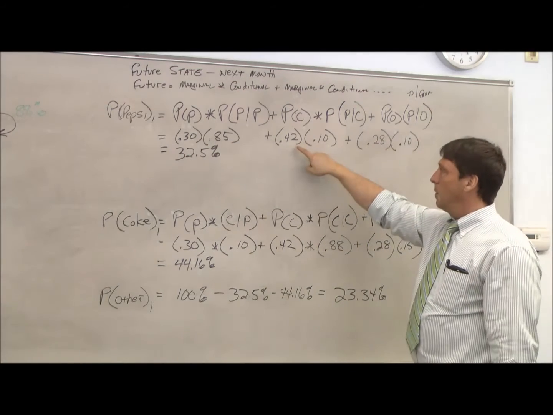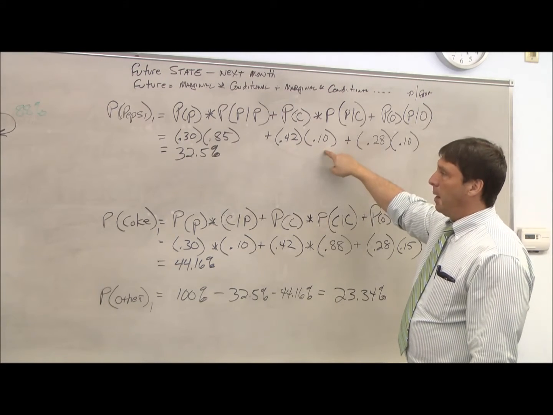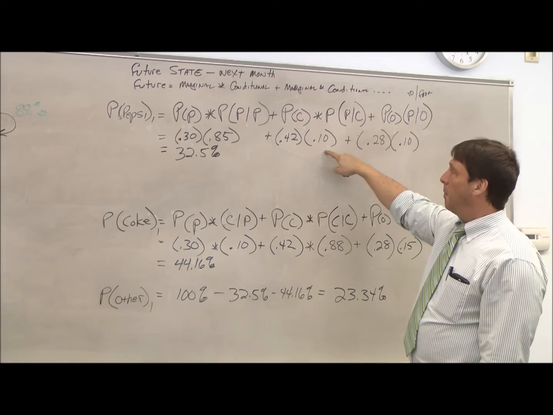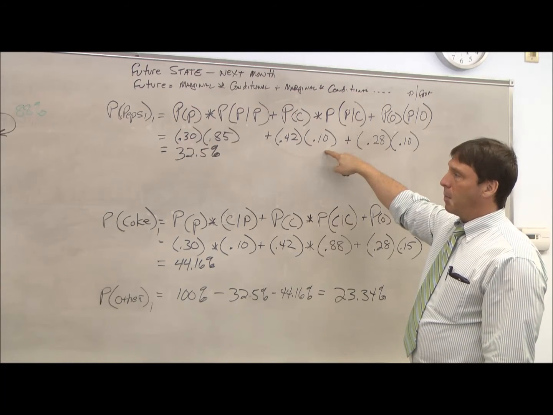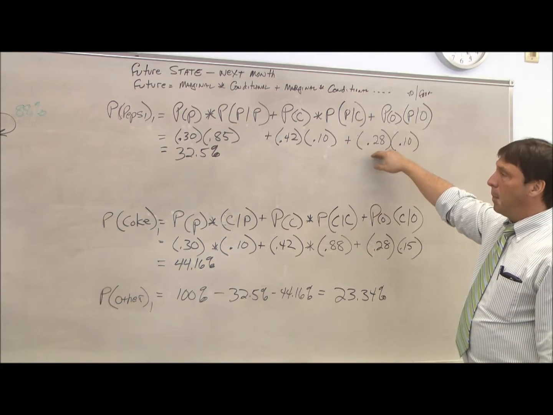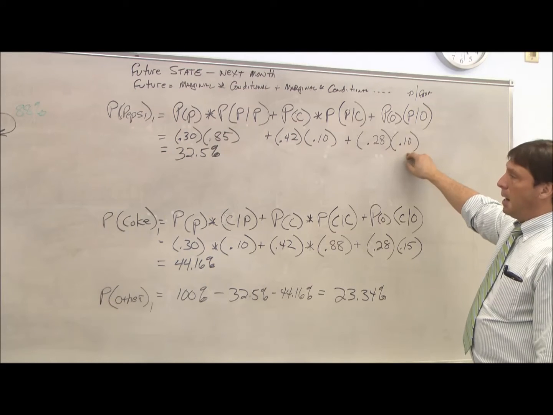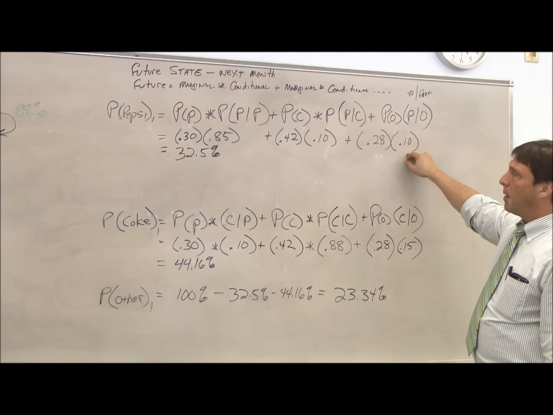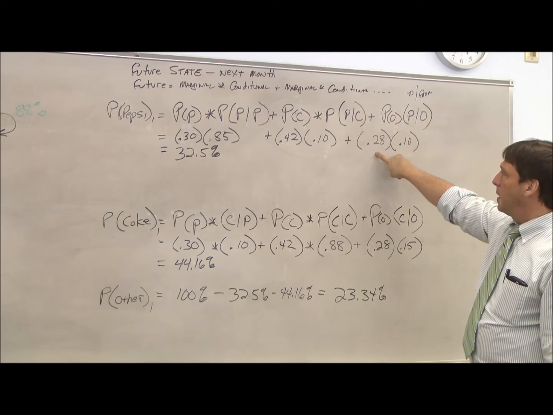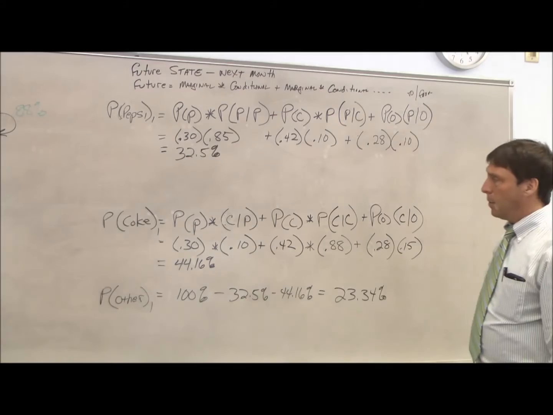We add that to Coke, which has 42% market share, and 10% of their customers in the transition diagram were going to defect from Coke to Pepsi. Into that, we add the current market share of other, which is 28%, and 10% of their customers were going to defect. So we multiply our marginal times our conditional and sum them up. That comes out to 32.